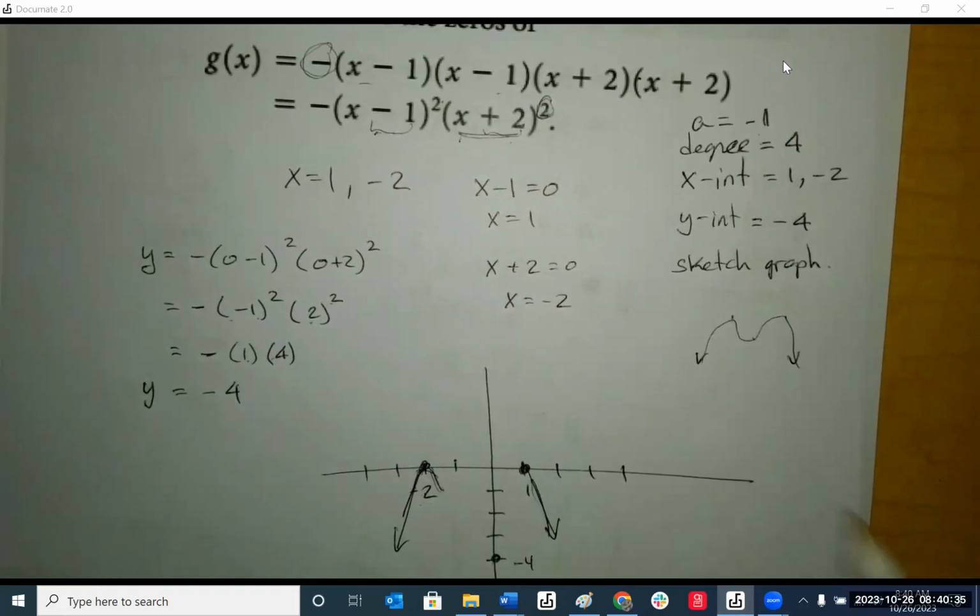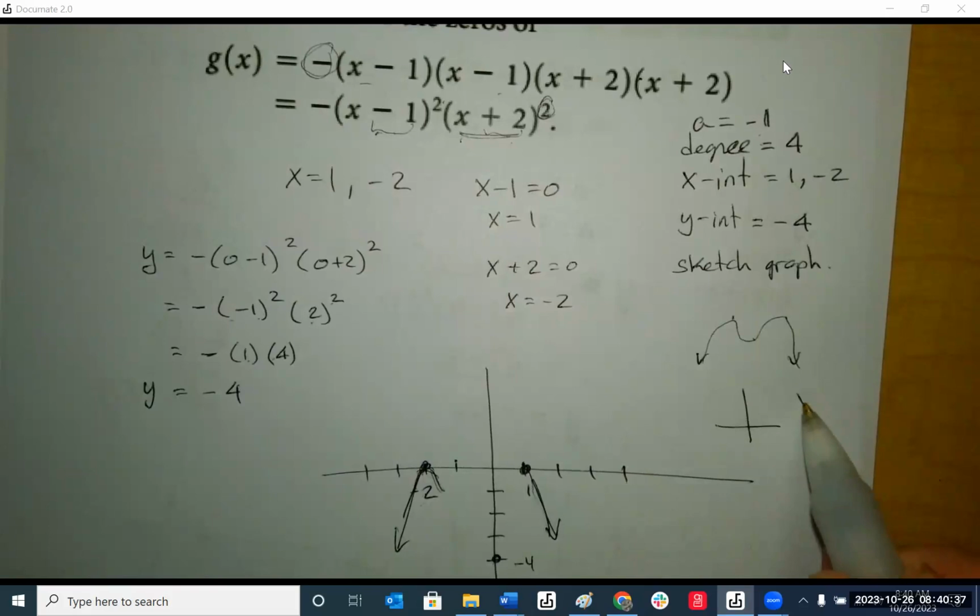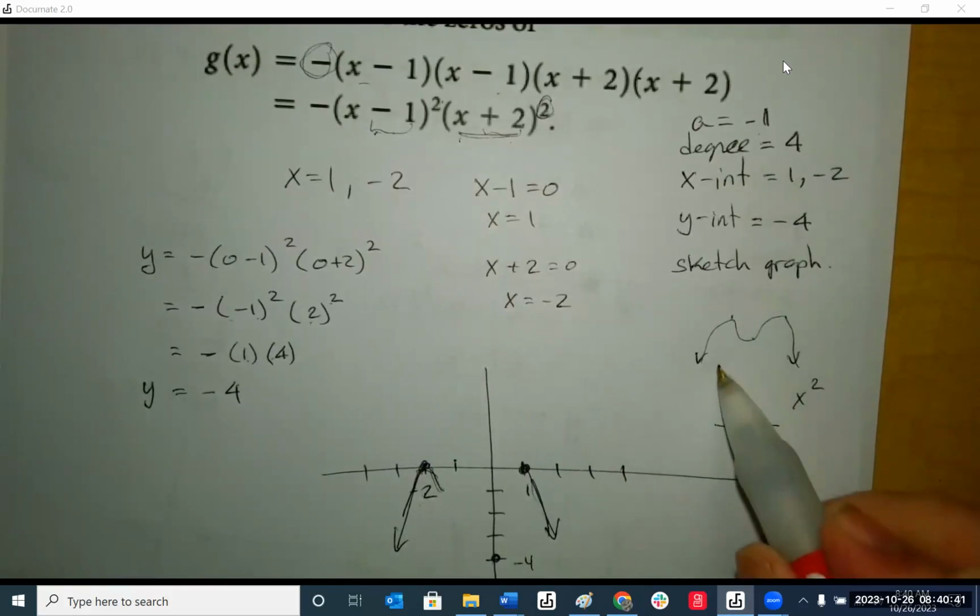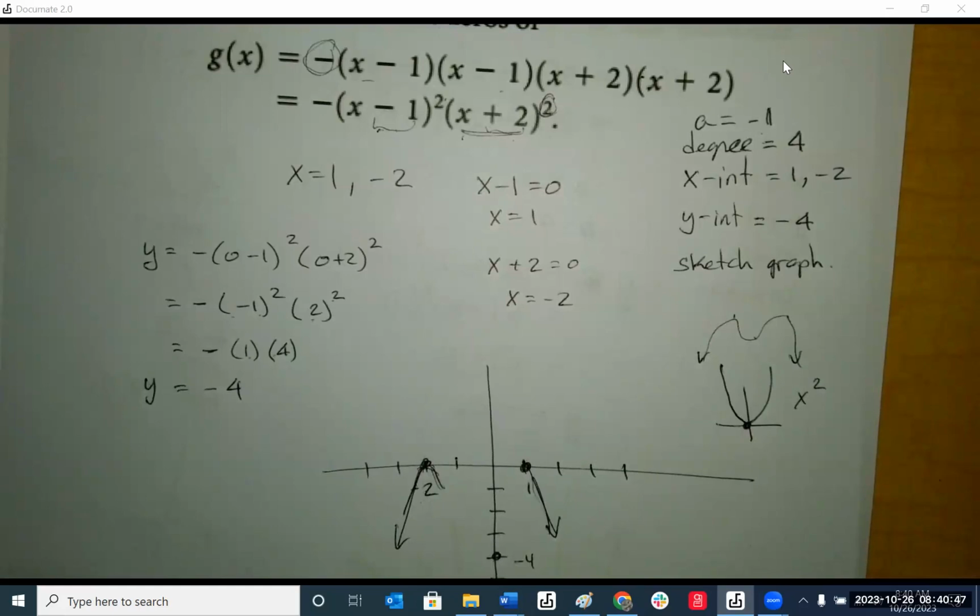If you don't see that, how do we graph the function x squared? We know that's the parabola, and it only touches at the origin. So if you have an even exponent, it only touches.